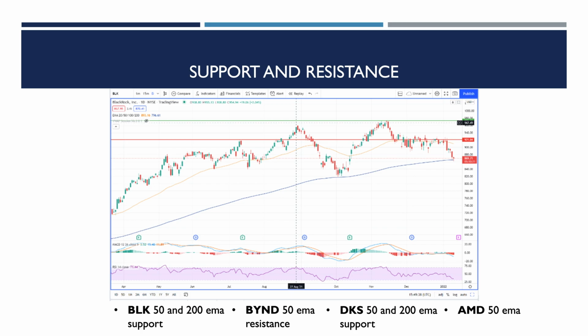Now, this is how you can sort of figure out when is the right time to buy. If it's a strong stock, you know that it's just having a bad month. So if it drops down, and it's a strong stock like Dick's Sporting Goods, AMD, everyone knows about AMD.